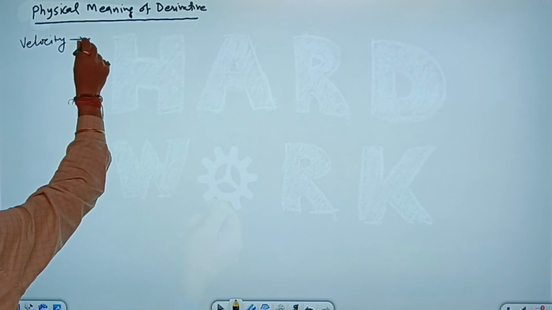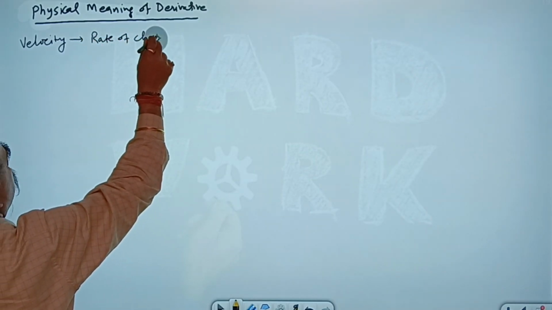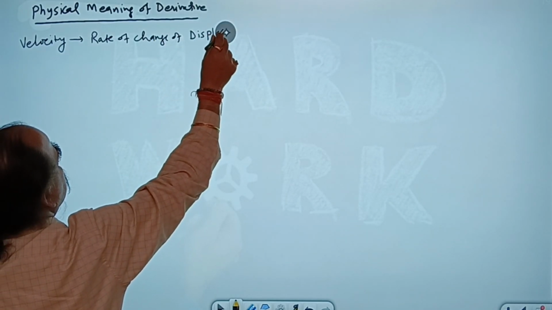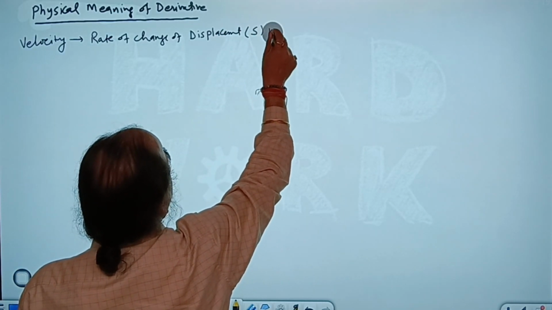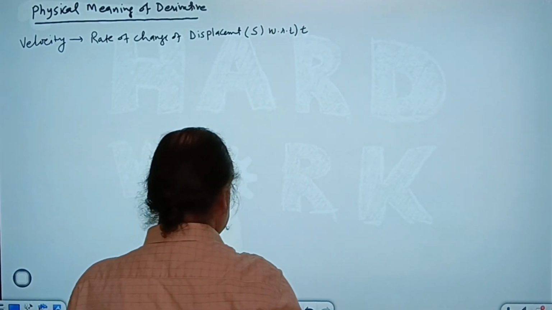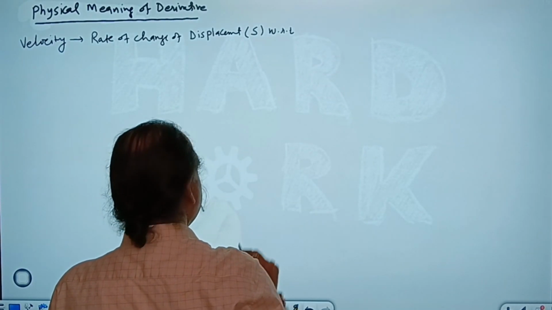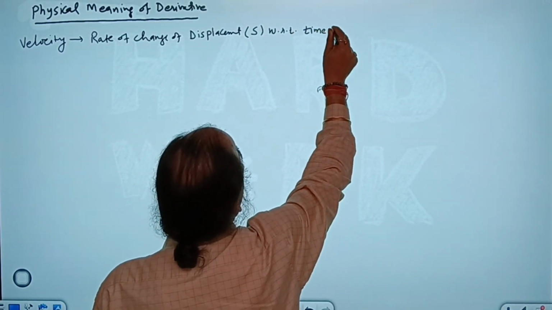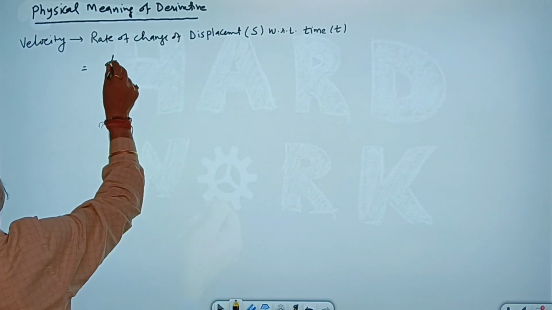Velocity is what? Rate of change of displacement s with respect to time t, and it is written as ds by dt.